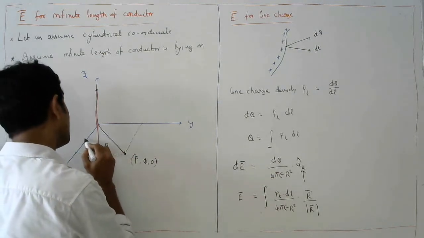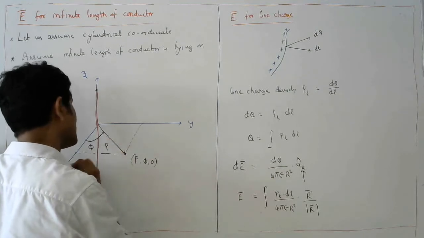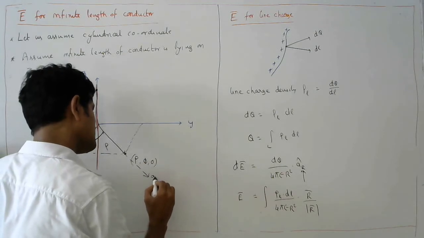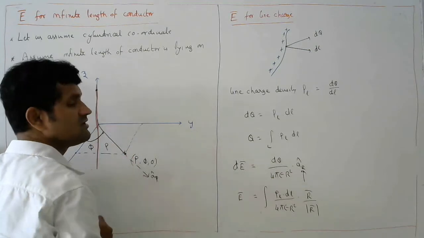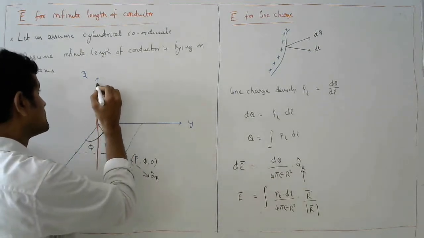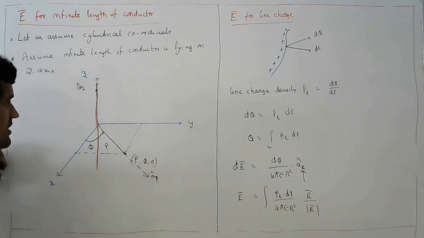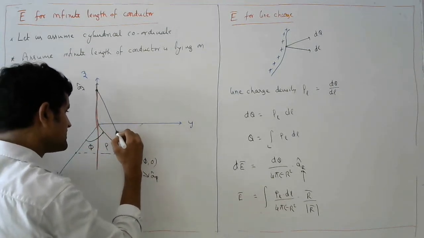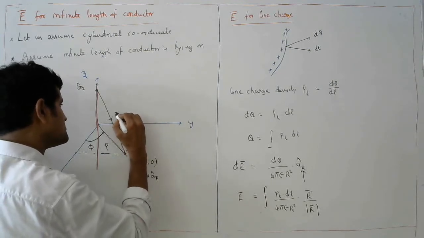The angle made from the positive x-axis to that point is the azimuthal angle phi. The radius direction represents the a rho cap, this direction represents the a phi cap, and this direction represents the a z cap. Now, for the effect of this charge on this point, from here to here, the distance vector we are using is r.